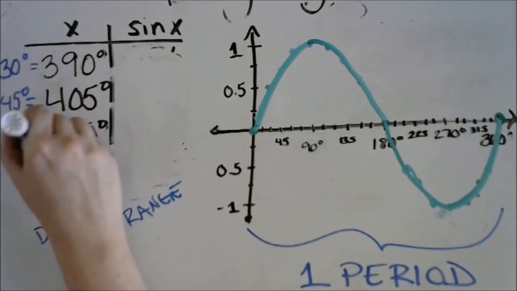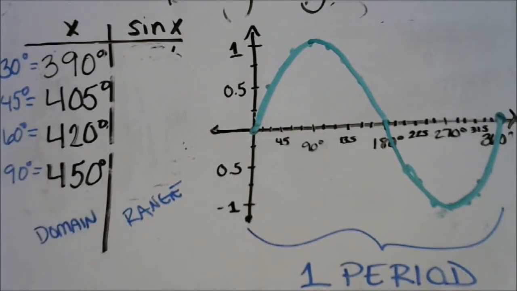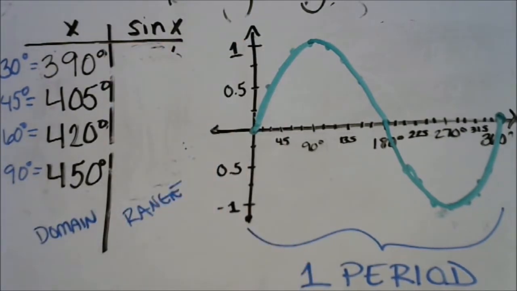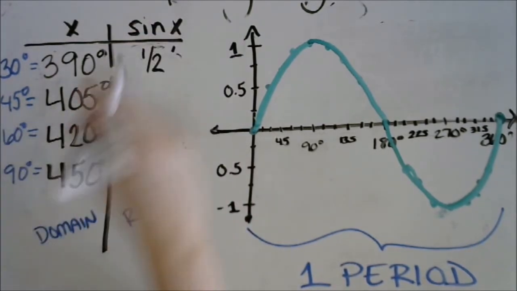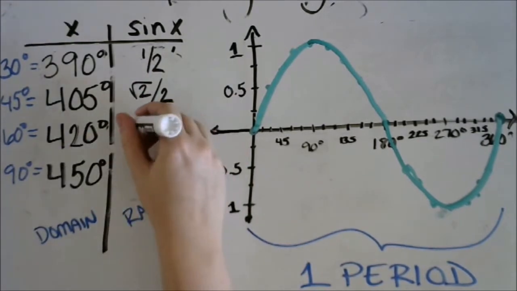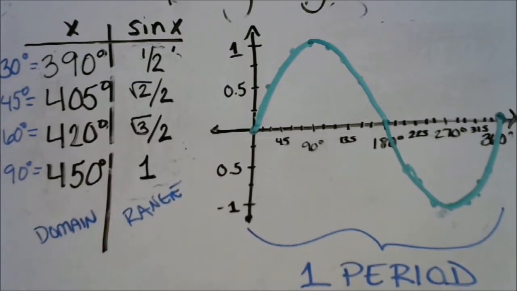We're just subtracting 1 full revolution from each of these angles. And so the output, or the range, of 390 degrees is 1/2. The output or range for 405 degrees, 420 degrees, and 450 degrees is rad 2 over 2, rad 3 over 2, and 1. What does that look like?